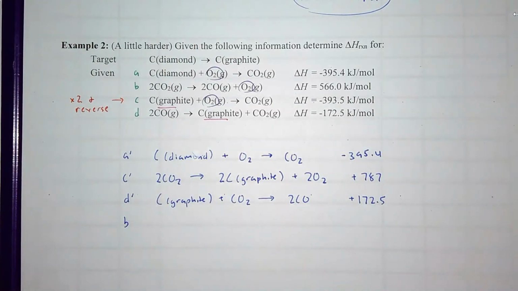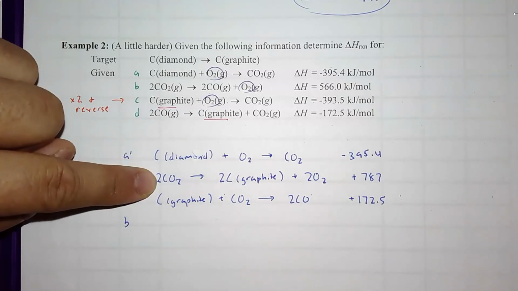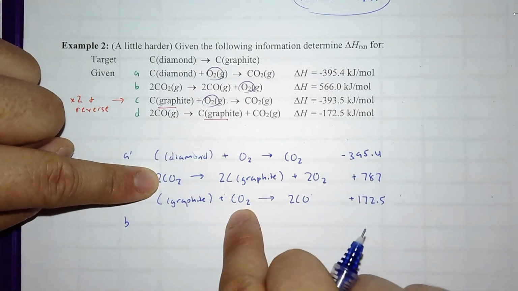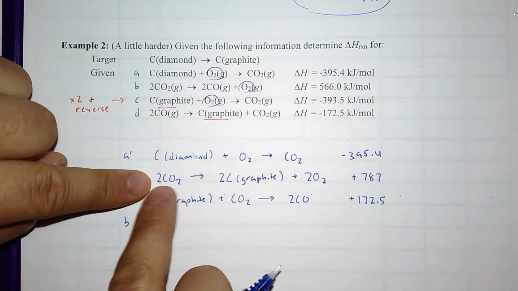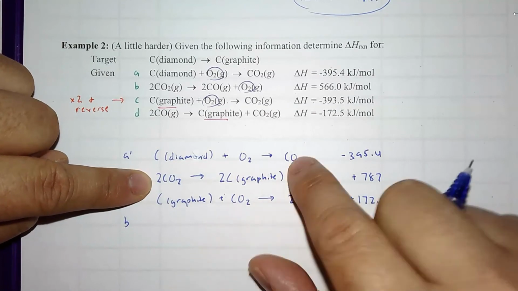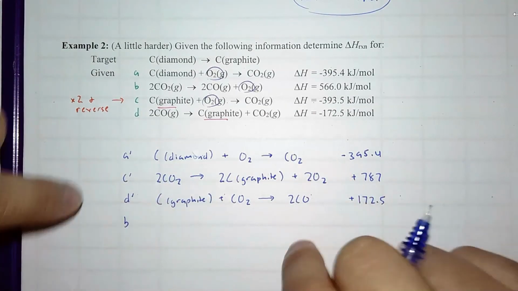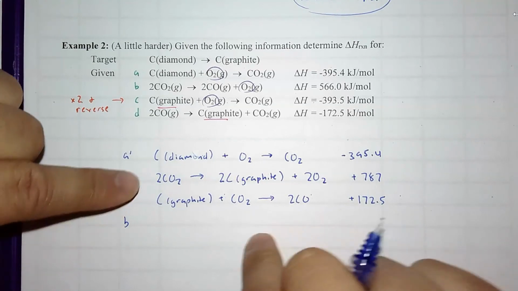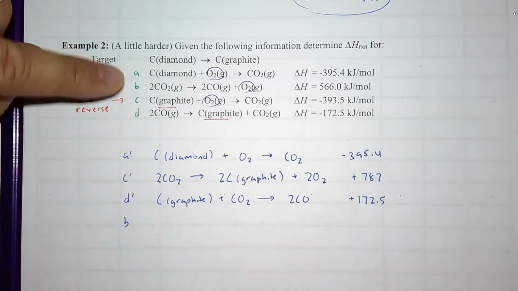So let's focus on CO2. We have 2 CO2 here, we have 1 here, and we have 1 on the left here. So we have a total of 3 on the left and 1 on the right.